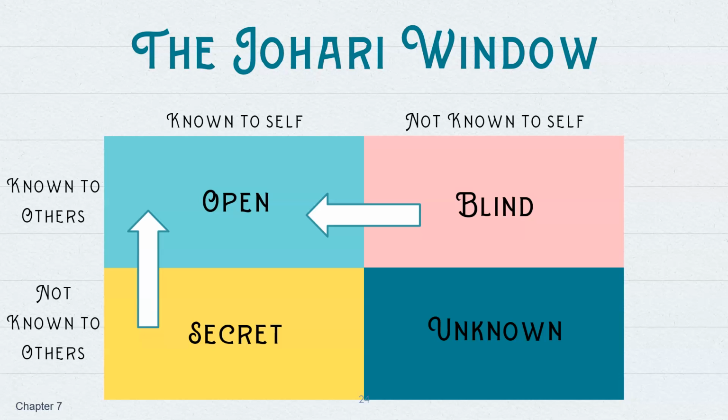And then there's information where nobody knows the information at all. So your friend doesn't see it and you don't see it. But once you become aware of it, once you get information about yourself, it might go into the secret pane, or you could share it and move it into the open pane.